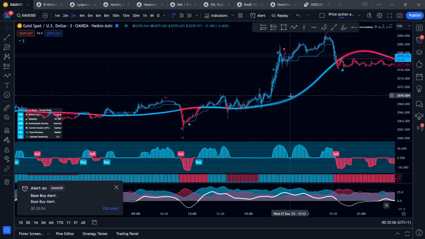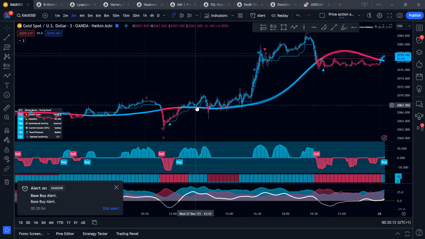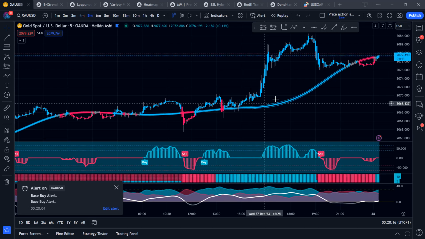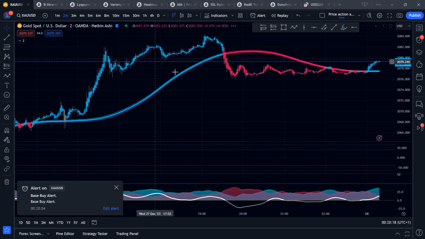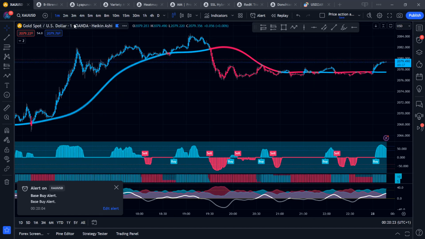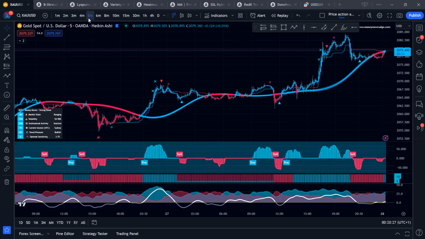You don't get too many false signals, and you get an early entry compared to the 5 minute. You get a later entry on the 5 minute, but on the 1 minute you get way too many false signals. So for scalping at least, between these areas is best. But yeah, you can use all of them.